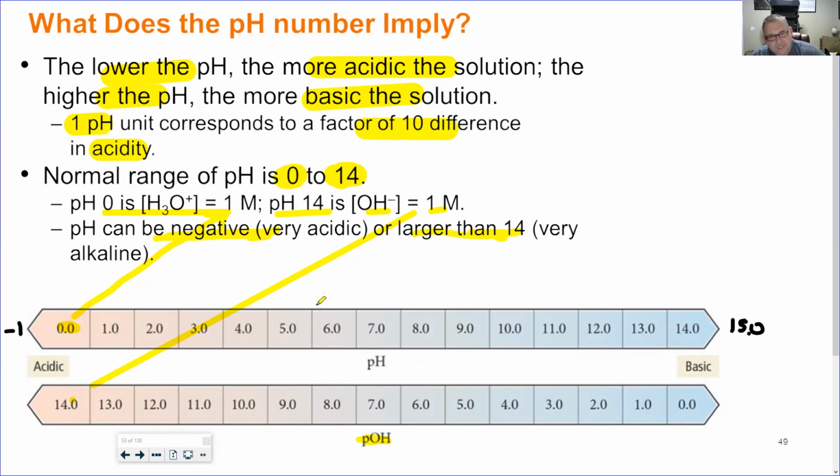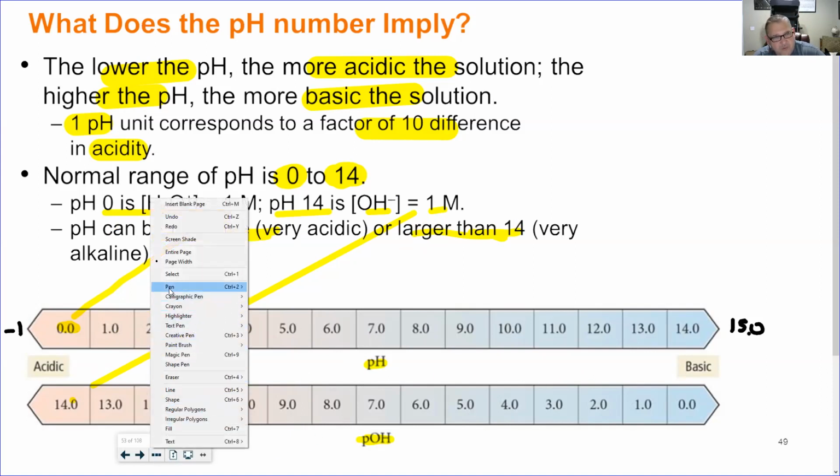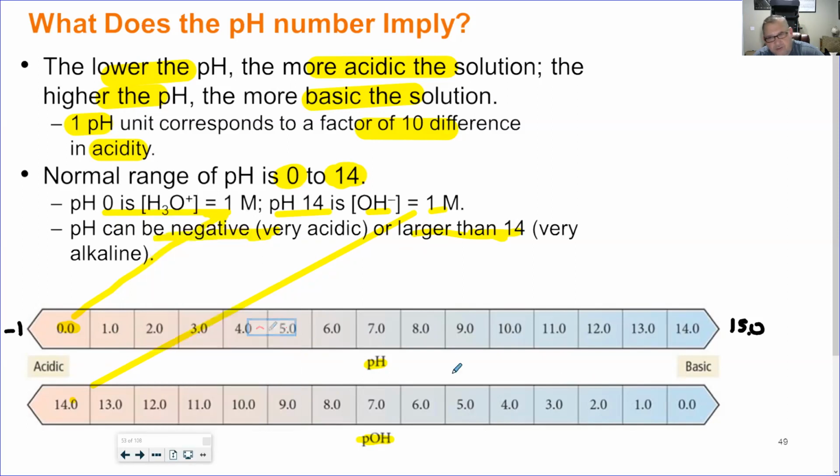If I compare the pH scale and the pOH scale right next to each other, what I'll see is that at any point, if I add both pH and pOH together, the 2 things would add together to be 14. It doesn't matter at which point you're at in the scale, the 2 things would always add together to be 14 in the system.